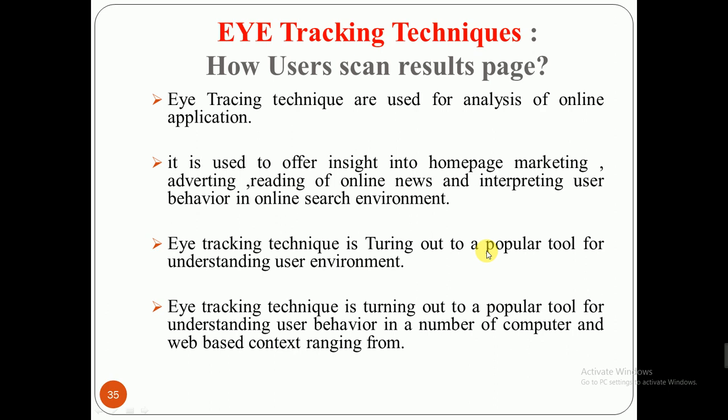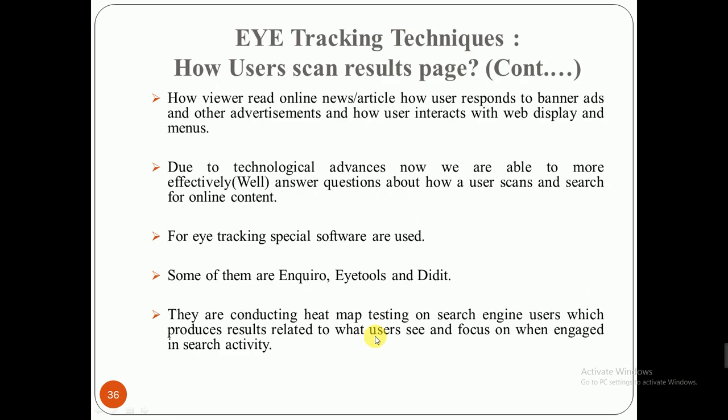Eye tracking technique is turning out to be a popular tool for understanding user behavior in a number of computer and web-based contexts, ranging from how viewers read online articles, how users respond to banners, ads and other advertisements, and how users interact with web displays and menus. So it's a technique which is popular, and computers also use it very vastly.